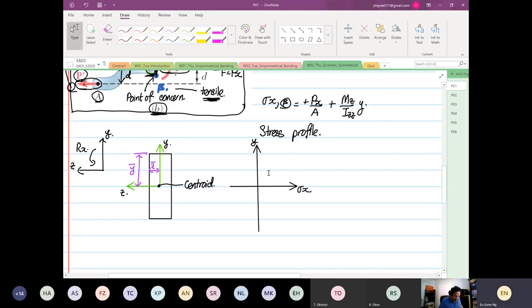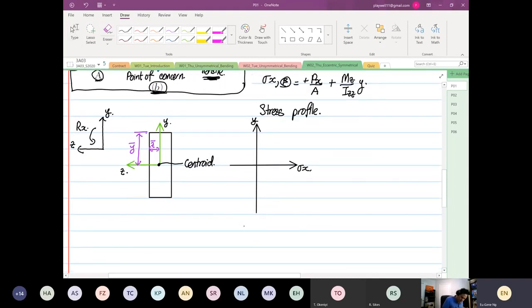The first term that we see under axial load is stress x equal to Px over A. We're going to assume it to be in tensile. I'm going to draw this a bit longer. So that is our stress x.